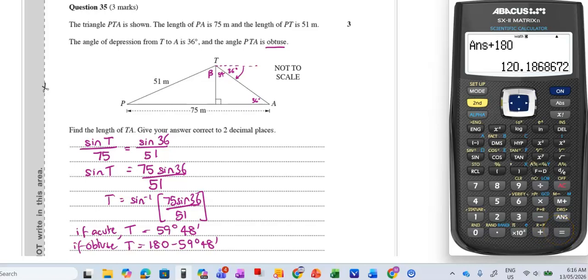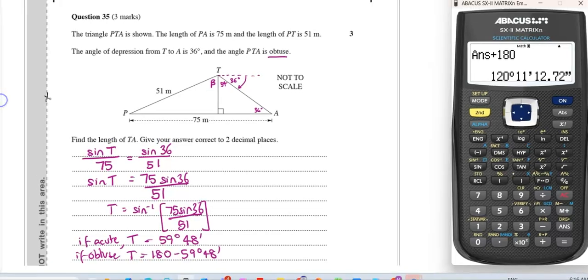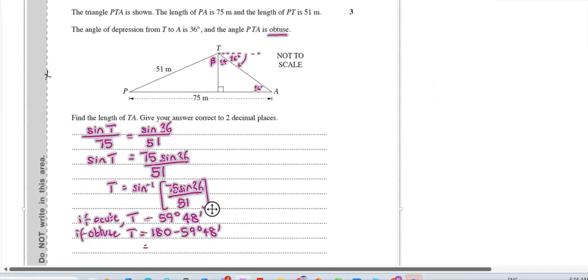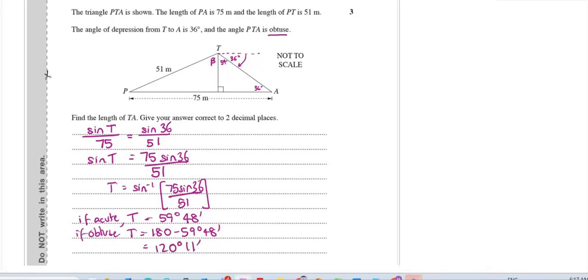So it is in fact 120.187, or 120 degrees 11 minutes. Okay, so now I've got my angle at T. That's the first step. So I know that this is 120 degrees and 11 minutes.